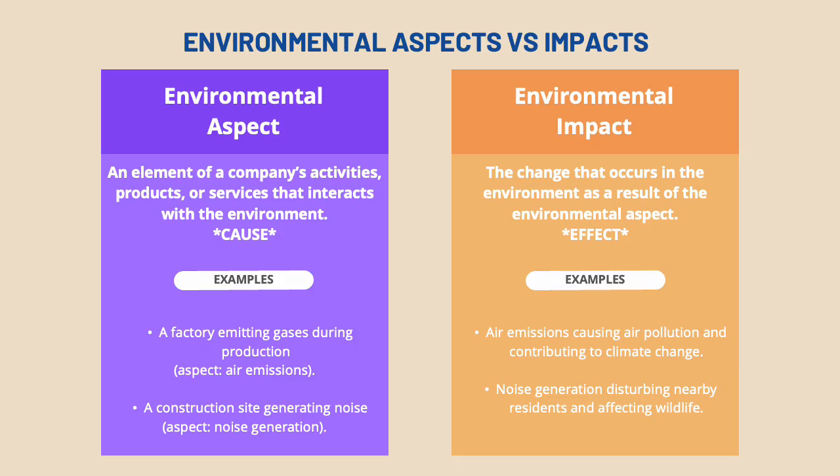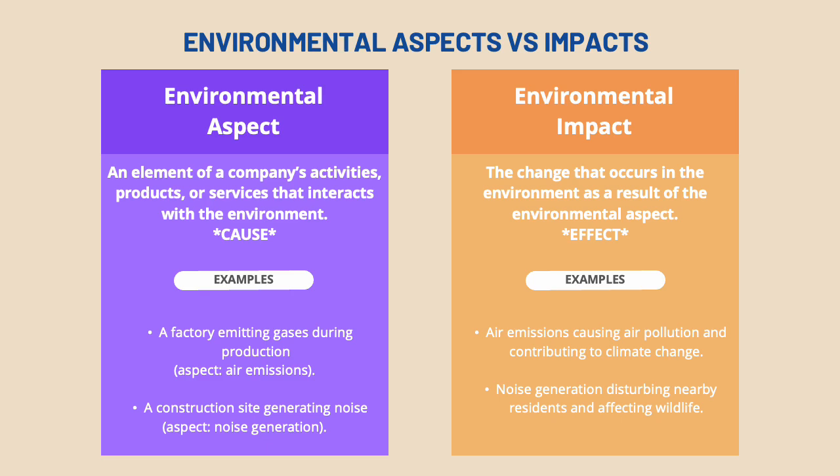These are the foundational concepts in an environmental management system, and understanding them is key to managing environmental performance effectively. So, what is an aspect? An aspect is basically the cause. They are elements of a company's activities, products, or services that interact with the environment.